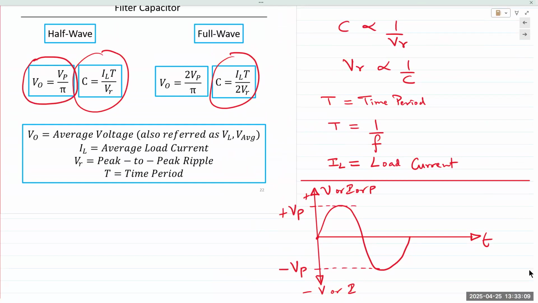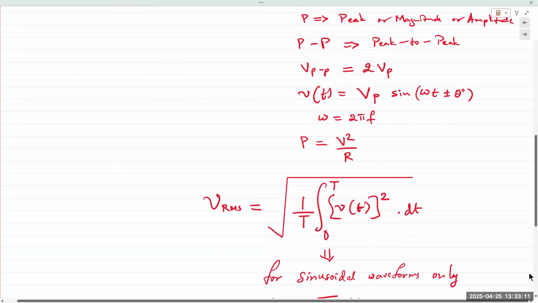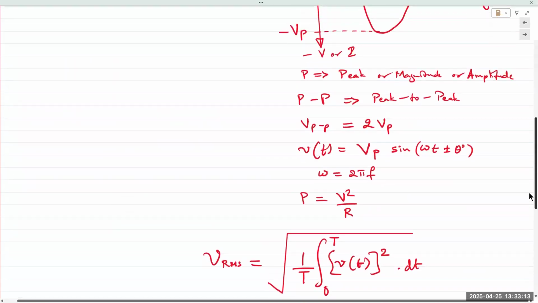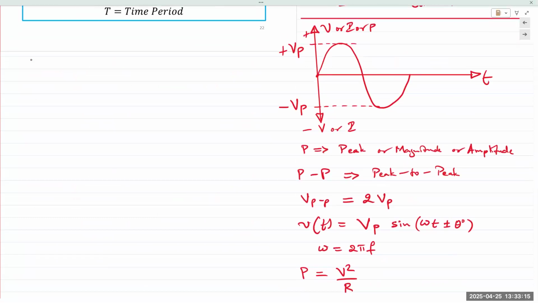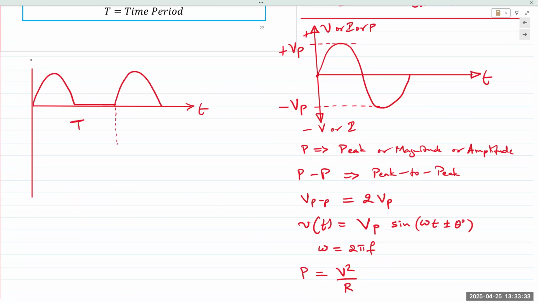Because for a half-wave rectifier, if you plot in radians, let's do it this way. That's the actual time period for a half-wave rectifier. For a full wave, the frequency is doubled.